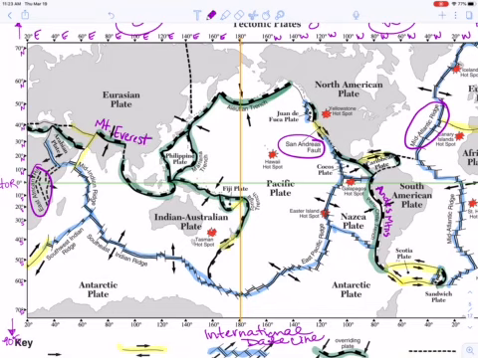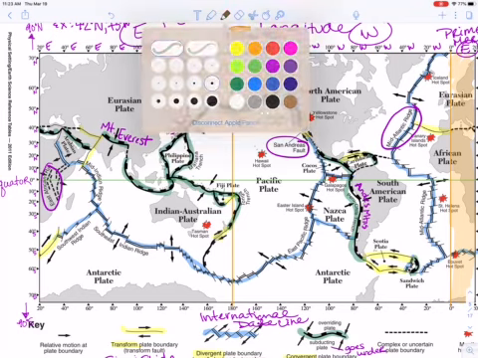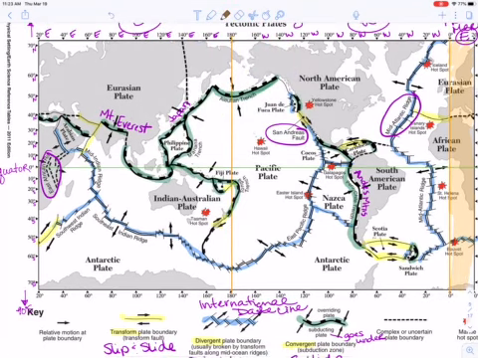And over here, it's hard to see, but this is where Japan is. And those are our main convergent boundaries.